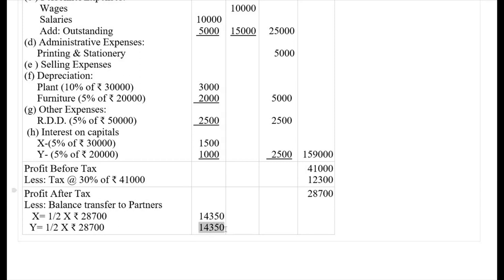When we take the sum of this, it comes to 28,700. So the balance will be nil here.